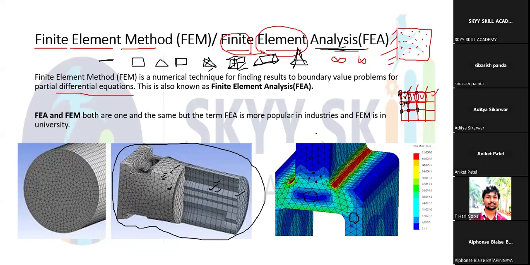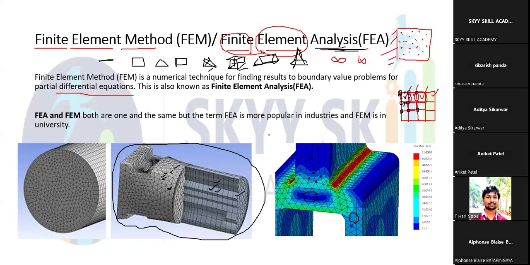Anyhow, we are going to get your approximate results, but I need more accurate results. So to get more accurate results, I need good quality mesh generation, and by checking that quality, we can get good results.